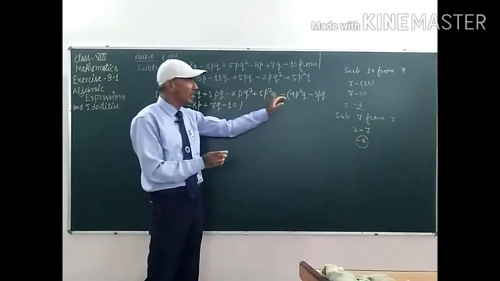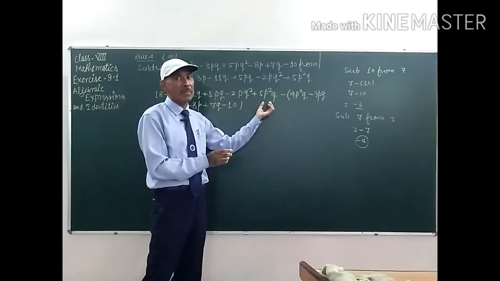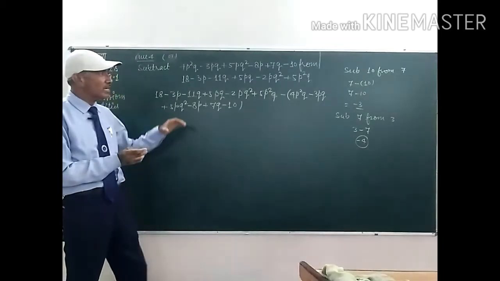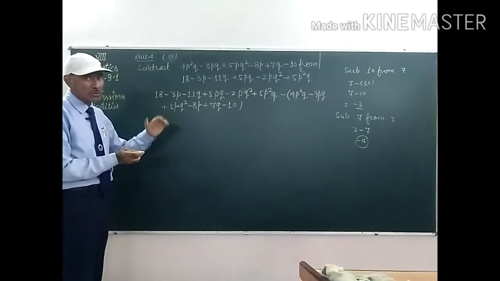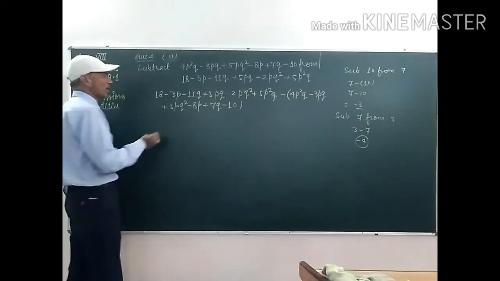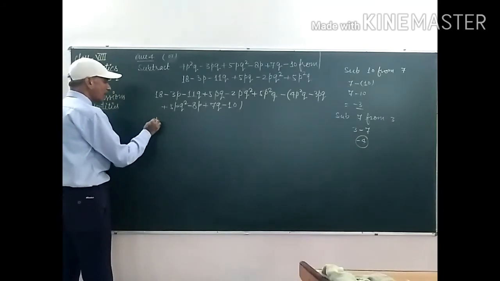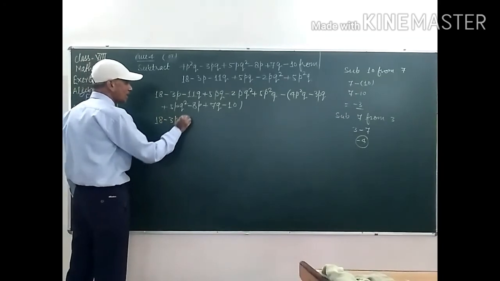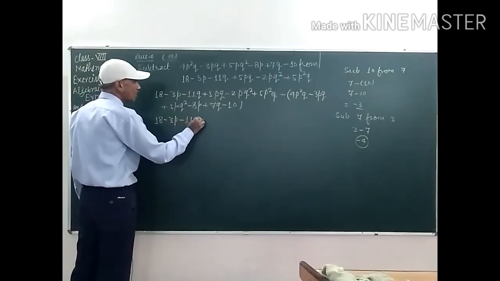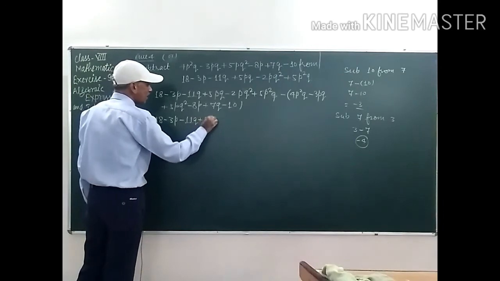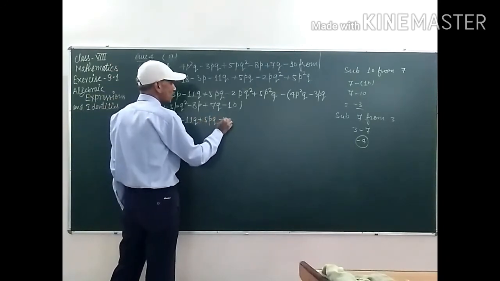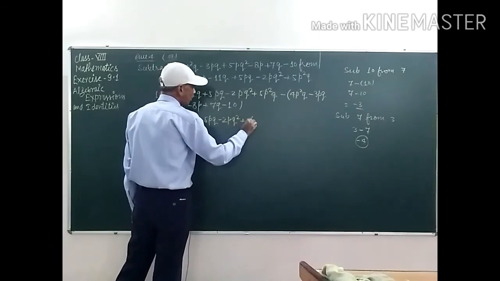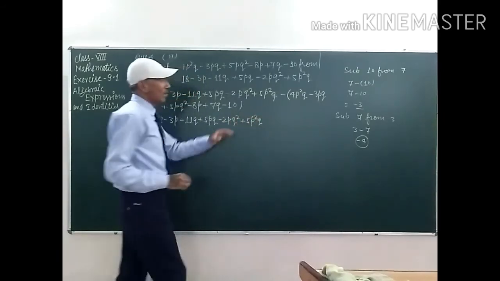Because we are going to multiply this with minus, माइनस नेगेटिव साइन के साथ मल्टीप्लाई करने जा रहे हैं स्टूडेंट्स, इसलिए नेगेटिव पॉजिटिव हो जाएगा और पॉजिटिव नेगेटिव हो जाएगा. And in third step write this 18 minus 3p minus 11q plus 5pq minus 2pq square plus 5p square q.